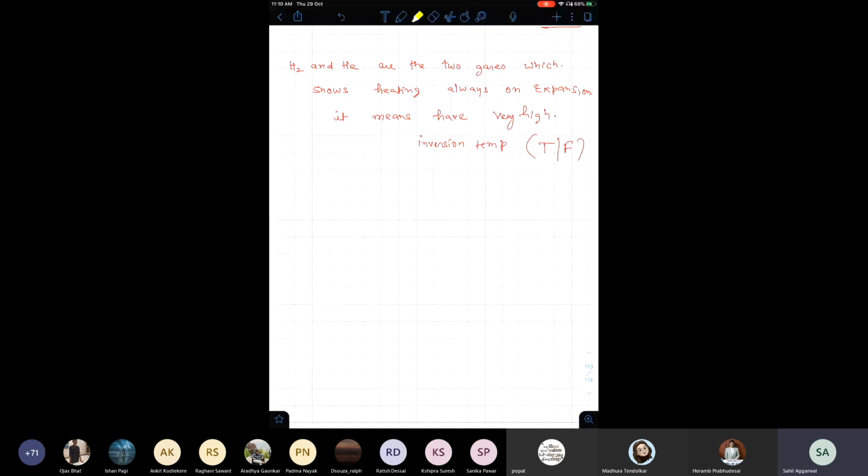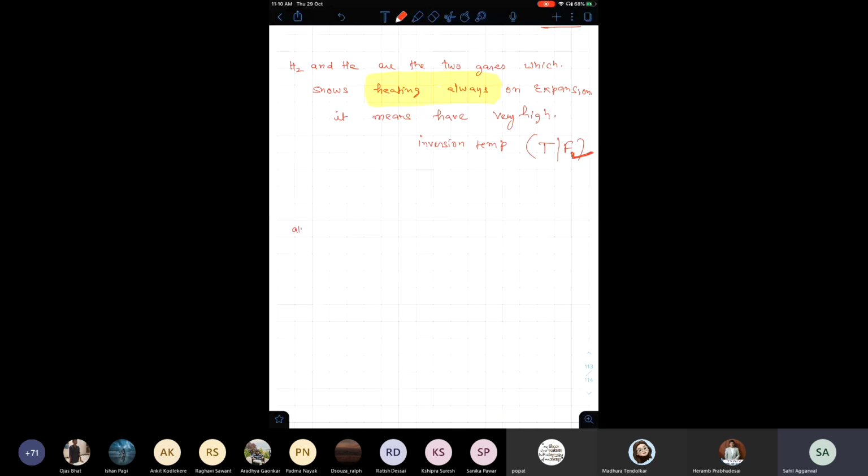Always heating, that means any temperature is greater than their inversion temperature. Yes, that is why you said false, right, Tanmay? तभी तो आपने false बोला ना?